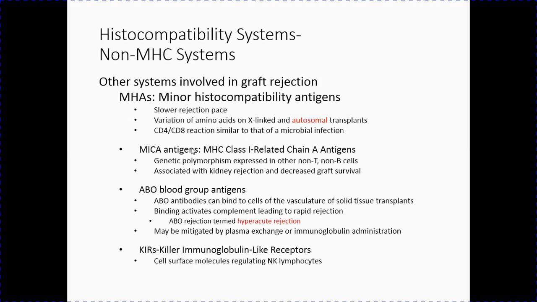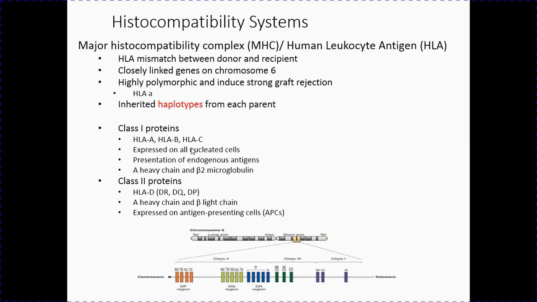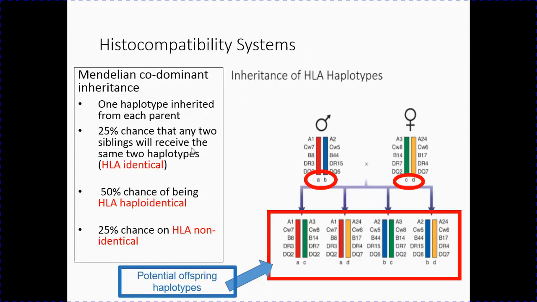So we talked about how there are several antigen systems that can elicit and stimulate a graft reaction. The first one was the major histocompatibility complex. We just went through that.